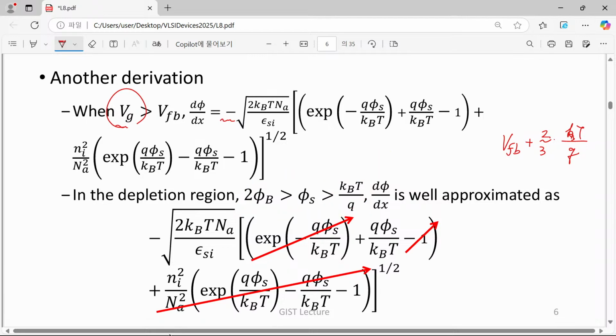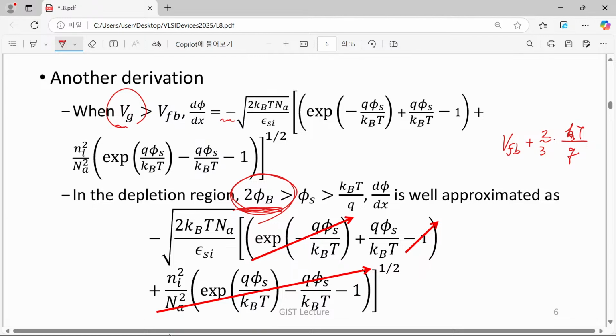It's okay. However, there is a more significant condition. Now we say that this phi s is sufficiently lower than 2 times phi b. Why do we have this condition?